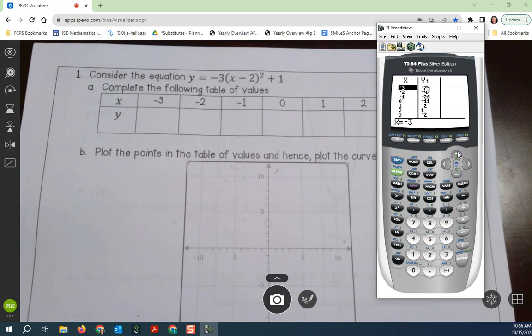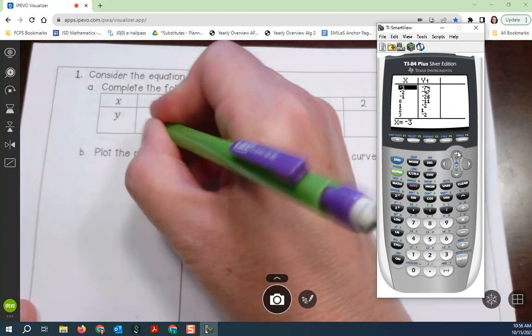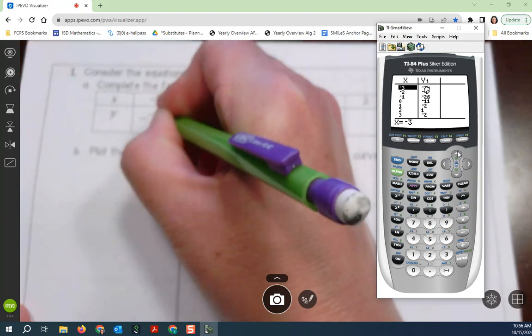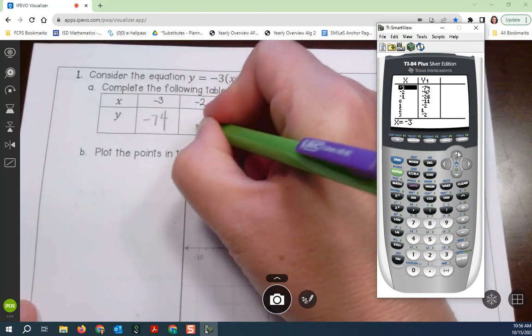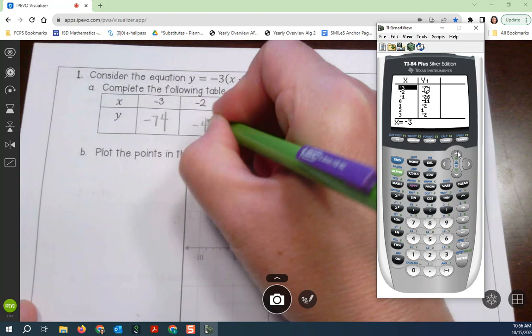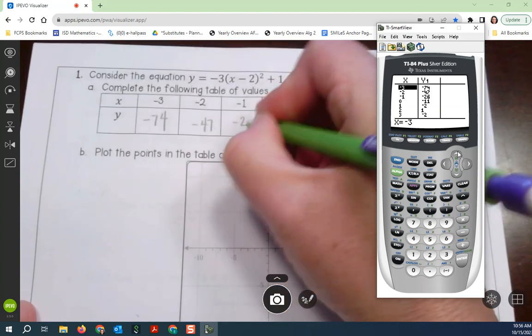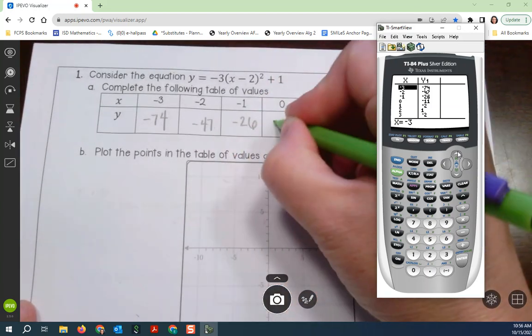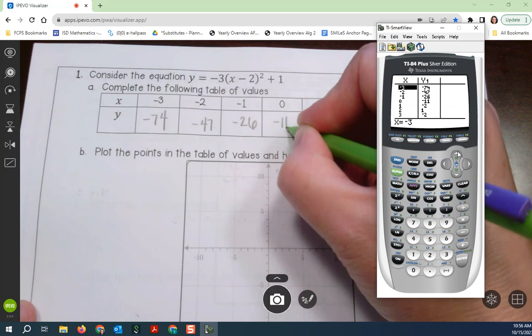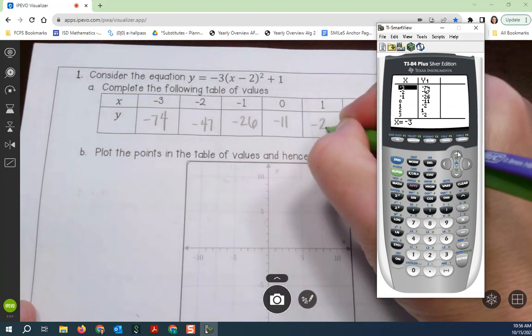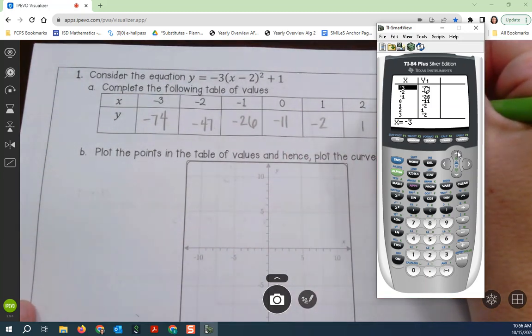So I'm going to copy these values into my table. -74, -47, -26, -11, -2, 1, and -2 again.